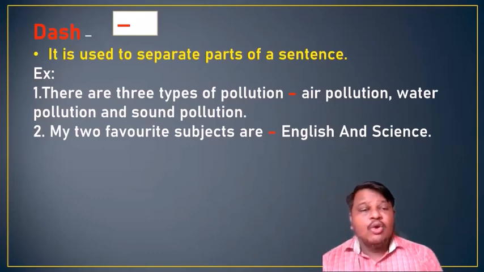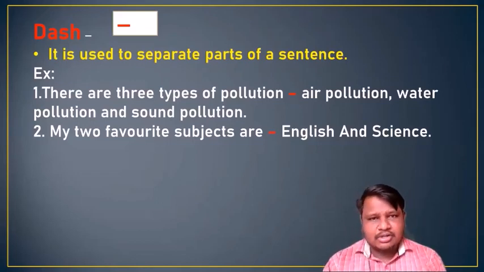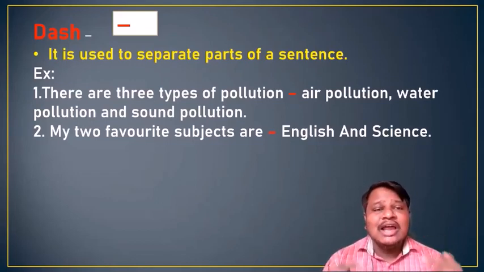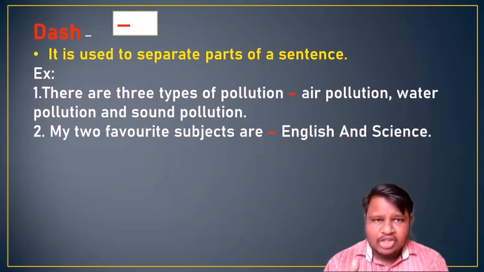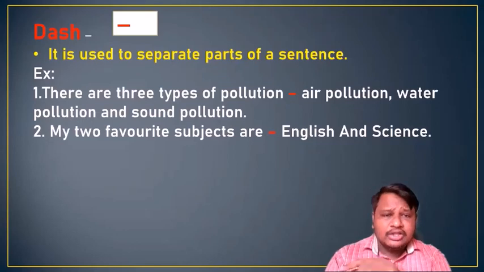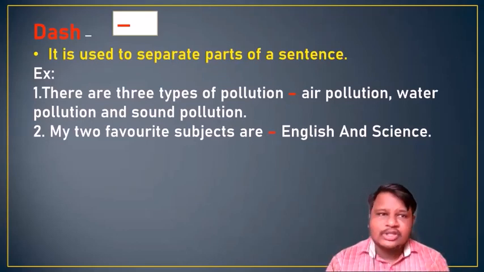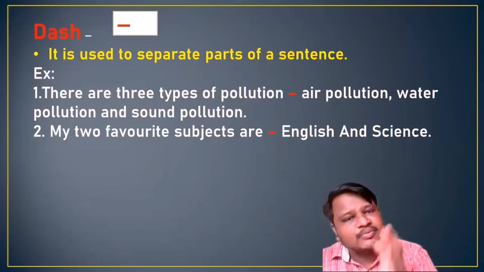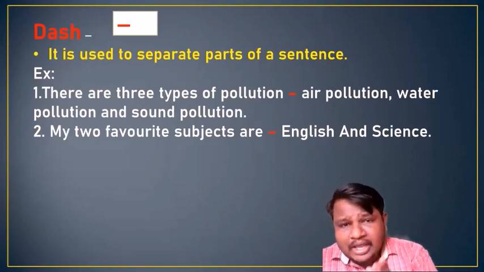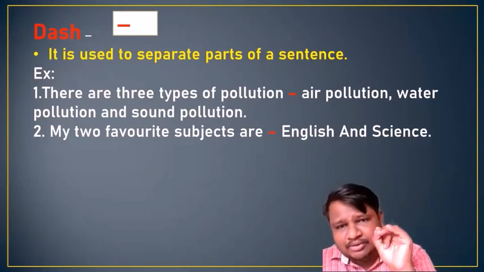When we want to separate these two parts, at that time we have to use a dash between them. In reality this is one sentence, but we have to separate it, and for that we have to use a dash.